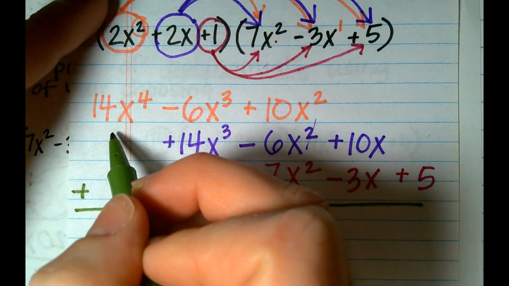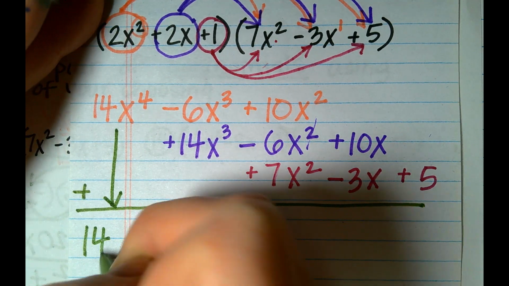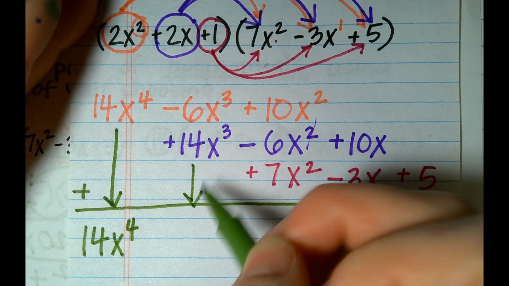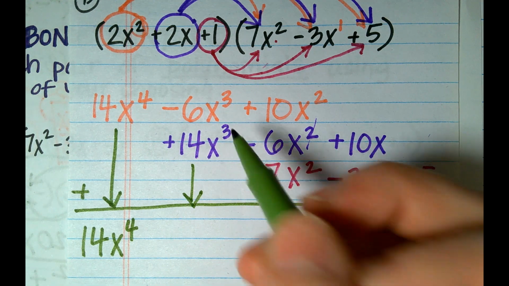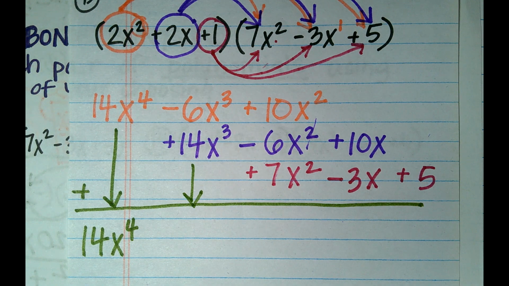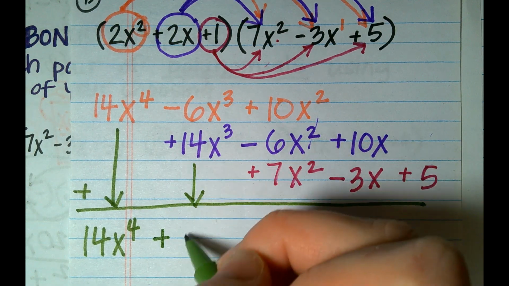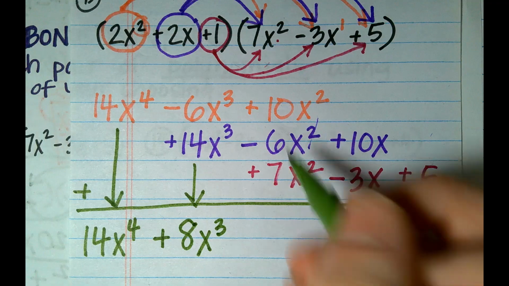So 14x to the 4th power, I'm bringing that down. Now I have negative 6x to the 3rd power plus 14x to the 3rd power. What's that? Yes, positive 8x to the third power.